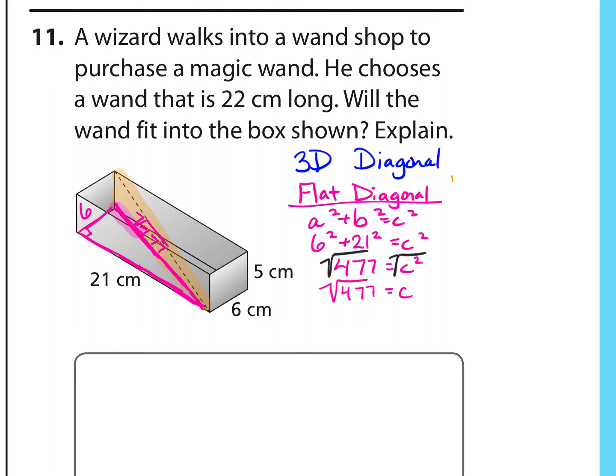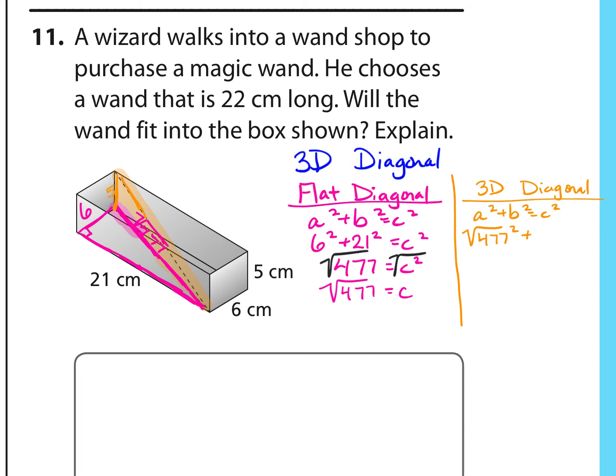Now, let's get our three-dimensional diagonal, the one that's in three-dimensional space. That'd be the longest length within this box. And we're going to use a squared plus b squared equals c squared. We know that we have the square root of 477, plus this height would be 5 units tall.